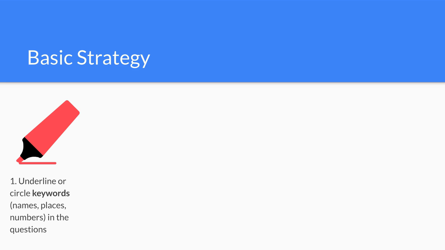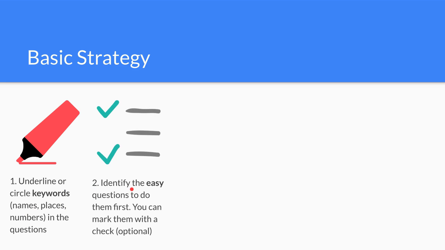So you need to underline these keywords. Usually, keywords are words that contain names, names of people, names of places, or places like locations, city, country, and so on. It can even be numbers or perhaps some other term that is not so common. So these are the keywords, and I'm going to show you examples of how to identify keywords very soon as well.